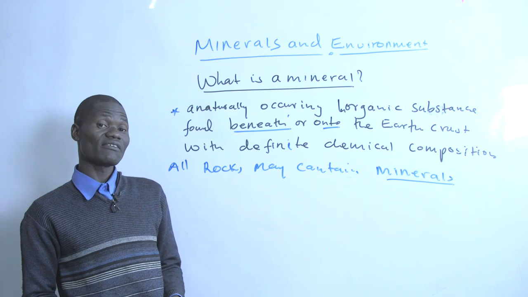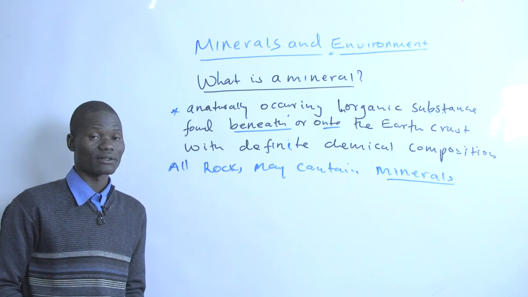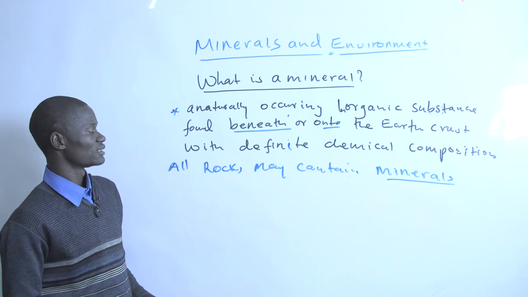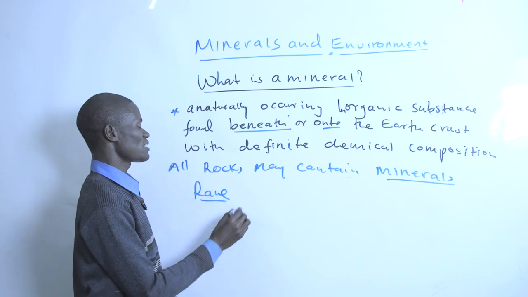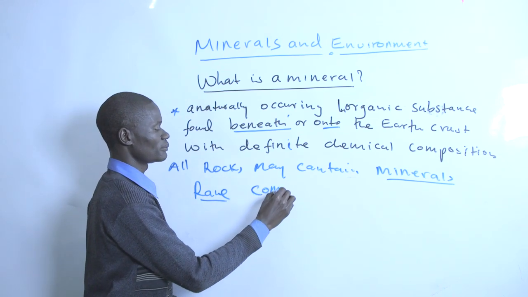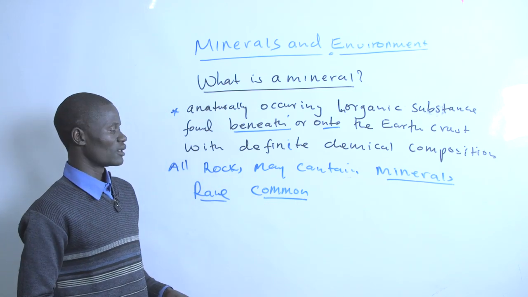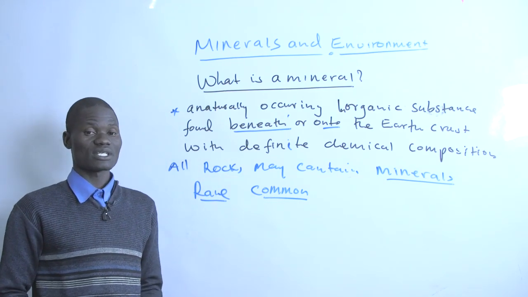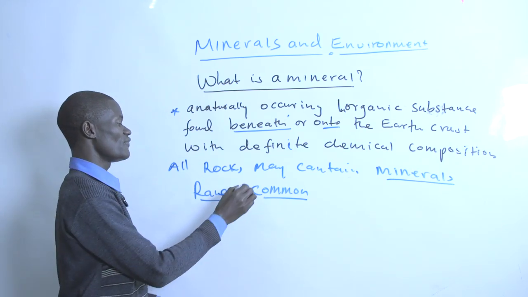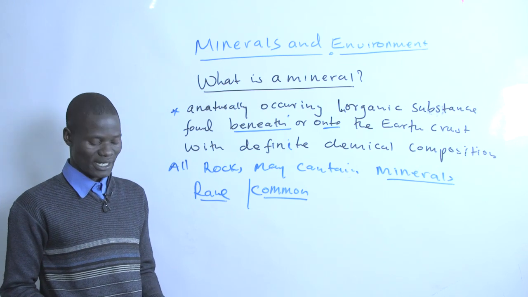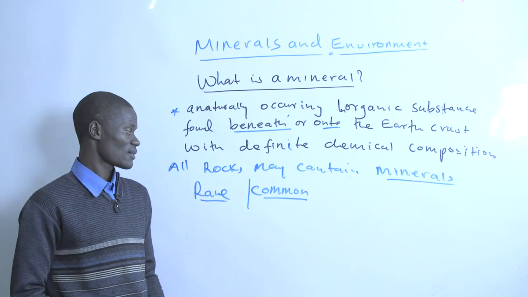And we have over 4,000 types of minerals on Earth. Some of them are very rare, while others are very common. Out of the 4,000 kinds of mineral, we have very few that are very common and are known to us and even the scientists.